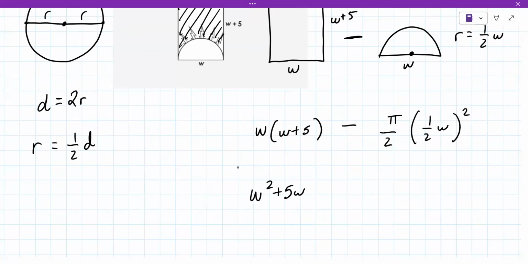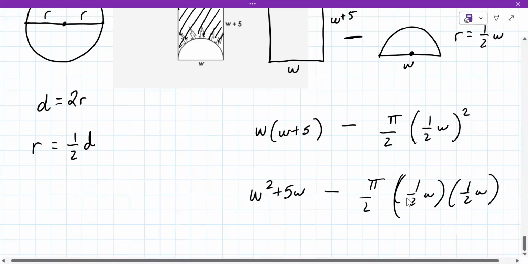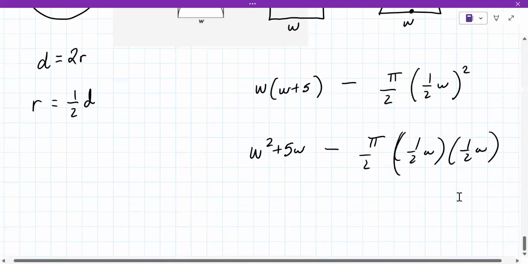Now on the right here, we have to multiply 1/2 W times 1/2 W. So what is 1/2 times 1/2? Let's do the 1/2 times the 1/2.